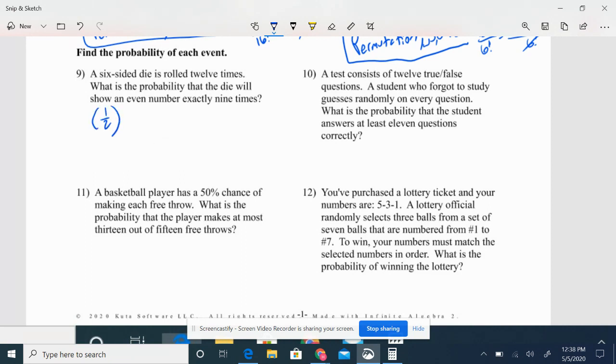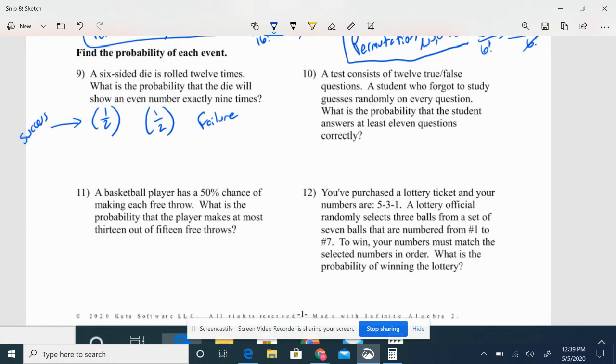So the probability of success, I'm looking at what's the probability that I roll an even number. And then I also have to look at the probability of failure. What's the probability I don't get an even number? Well, the probability is also 1/2.